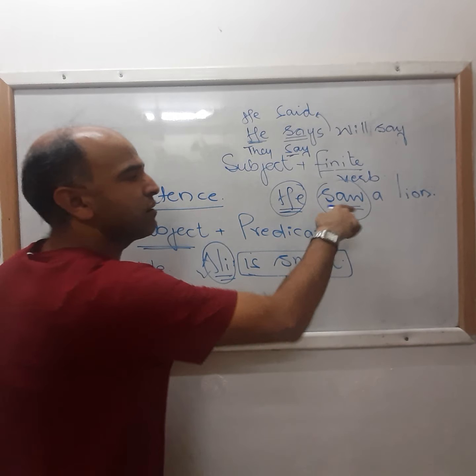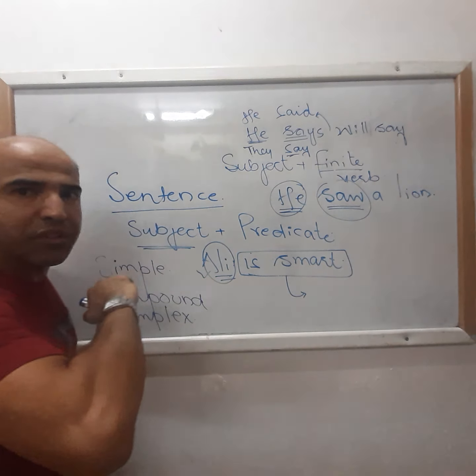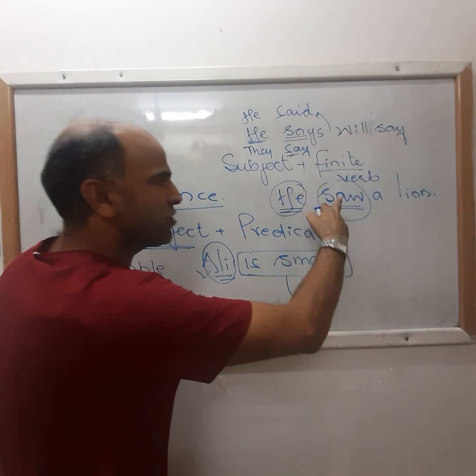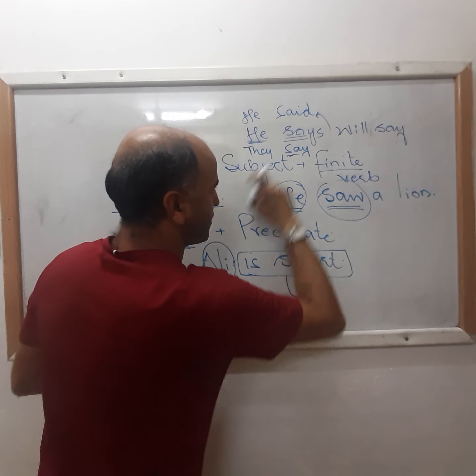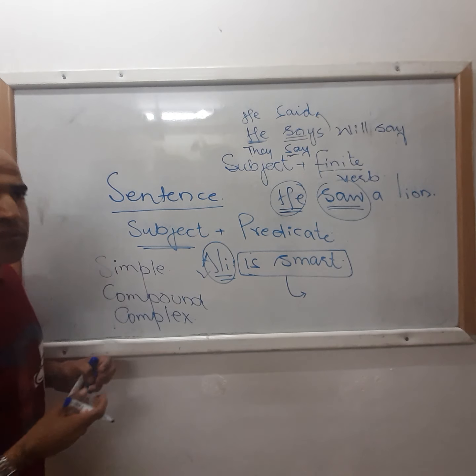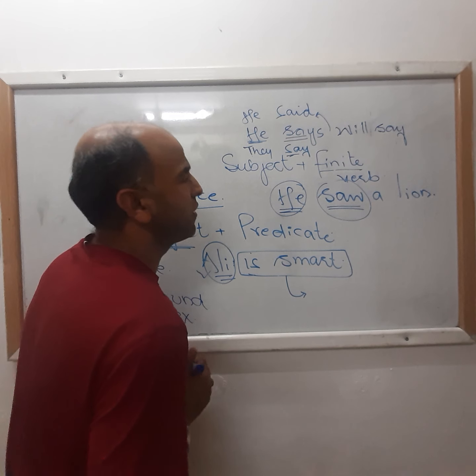It does not need anything at all. It is giving you complete sense, complete meaning, complete thought. So "he" is your subject, "saw" is your verb, and it can stand on its own. It isn't in need of anything else. So I think it suffices so far as the simple sentence is concerned.